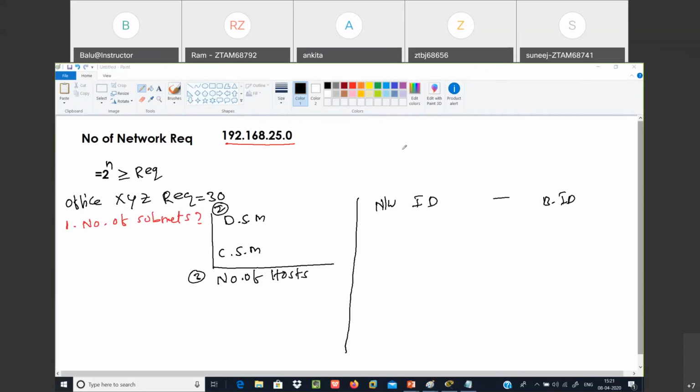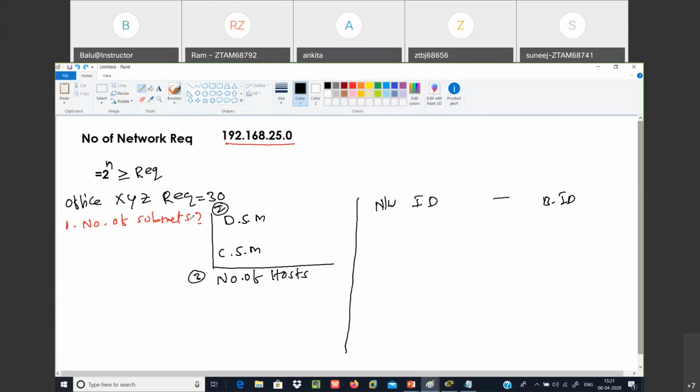All right, answers please. First question: number of subnets. The power value is 5, so the number of subnets is 32, right? But our requirement is 30. Out of 32, we can use 30. 2 extra, no problem. 2 power 5 is a satisfied value.